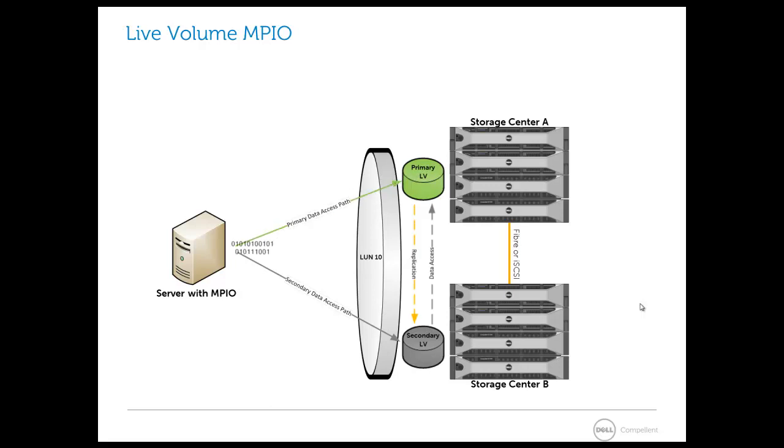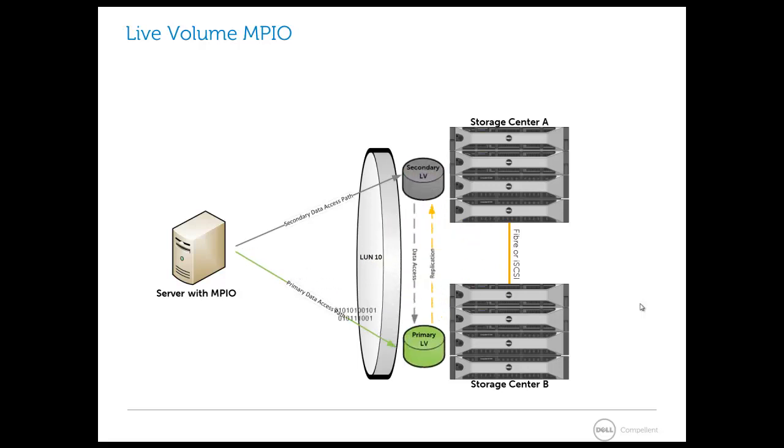As we can see in this diagram, the storage host now has two paths to the same volume. With Live Volume in place and the storage abstracted, this allows us to swap the paths using the storage host's native MPIO abilities. As we can see in the diagram, the storage I/O is now going through the secondary live volume, which has been designated as the primary path.